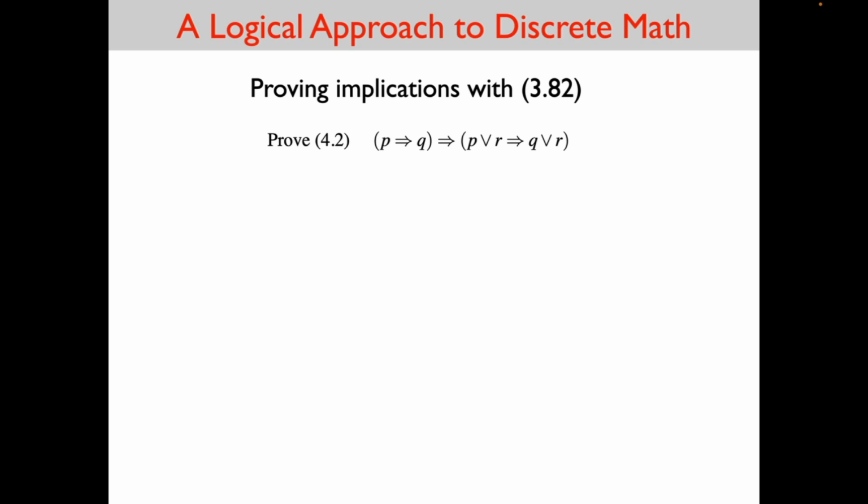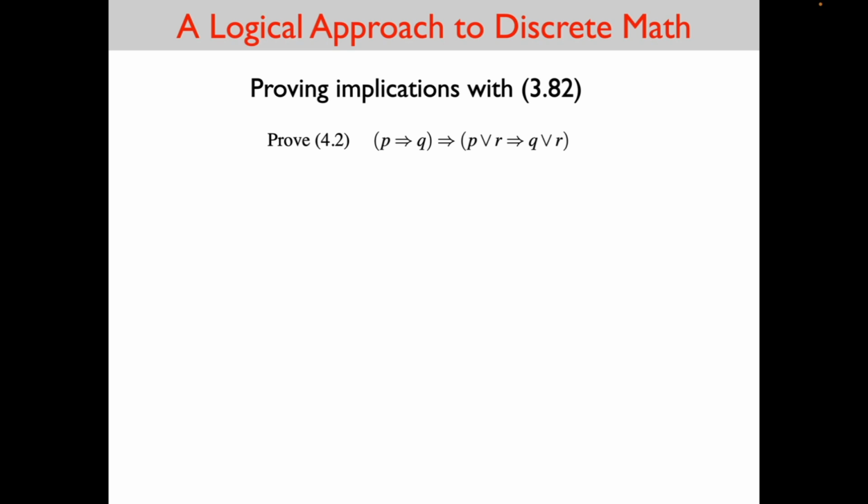To prove an implication, you could start with the antecedent and get it to imply the consequent, or the other way around, you could start with the consequent and get it to follow from the antecedent. Now in this proof, we're going to prove 4.2, right?